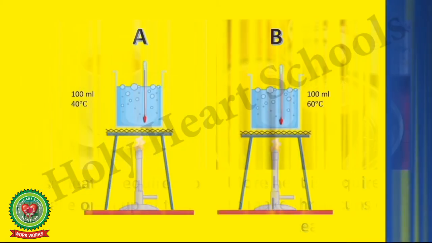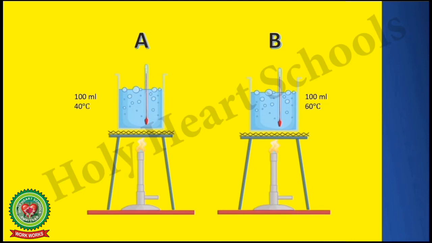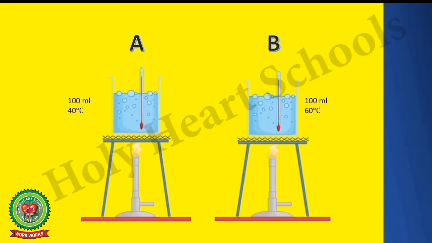Next factor is rise in temperature. Students, suppose we are heating water in 2 different beakers. We have 100 ml of water in beaker A and 100 ml of water in beaker B. Suppose we want to raise the temperature of water in beaker A to 40 degrees Celsius and in beaker B, we want to raise the temperature of water to 60 degrees Celsius.